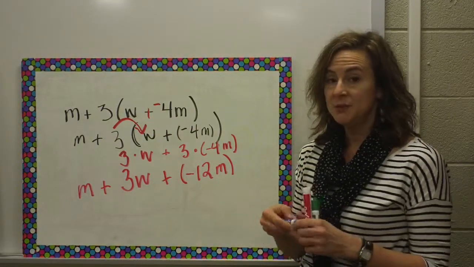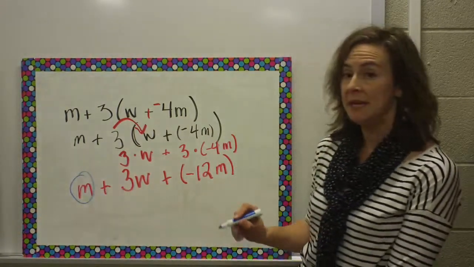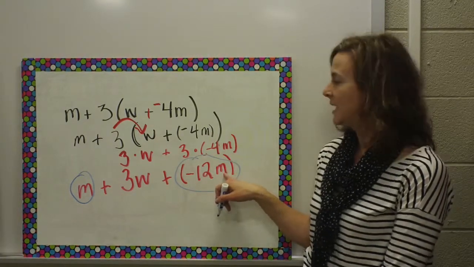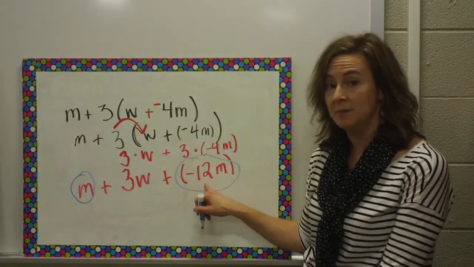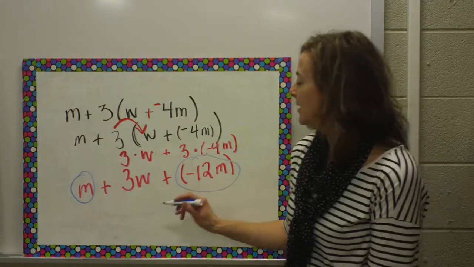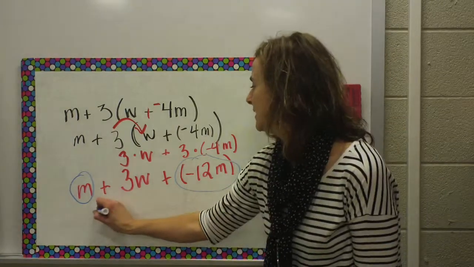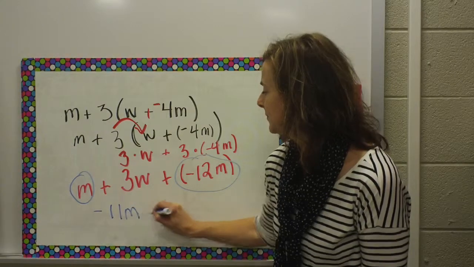So what I want to do is I want to combine the like terms. Well, I have a variable m here and I have a variable m here. If I have an m and negative 12m's, I am going to actually find the difference because I have different signs. So that's going to give me negative 11m's.